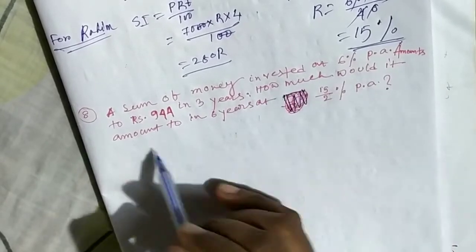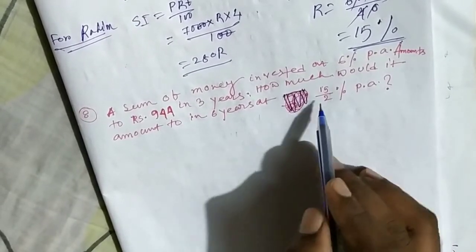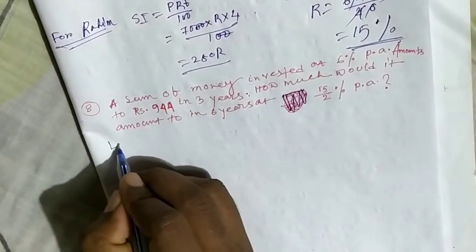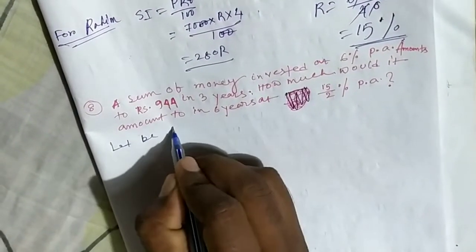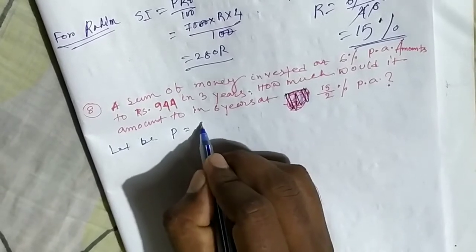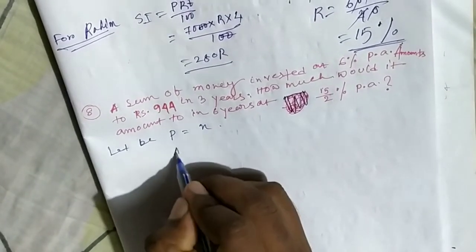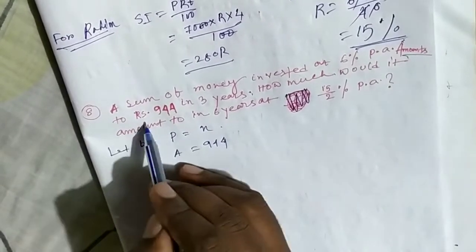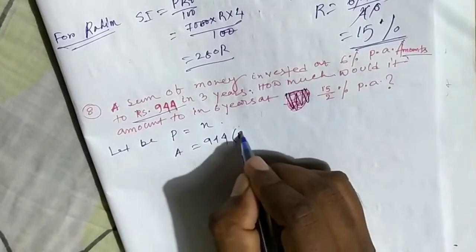How much would it amount to in 6 years at 15/2% per annum? Here, let the principal be X, amount rupees 944.